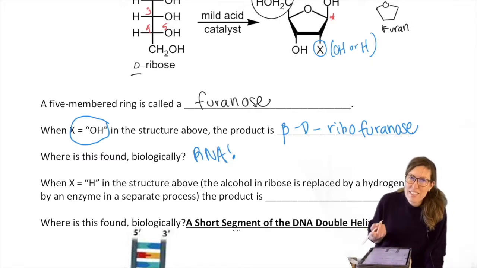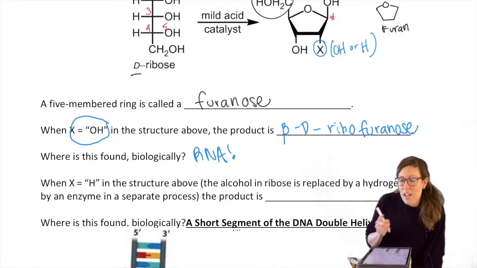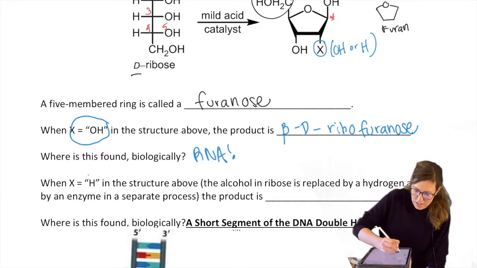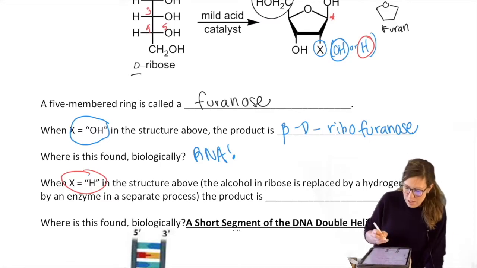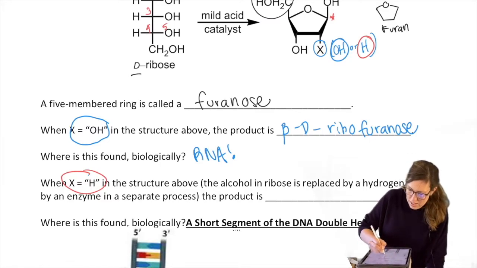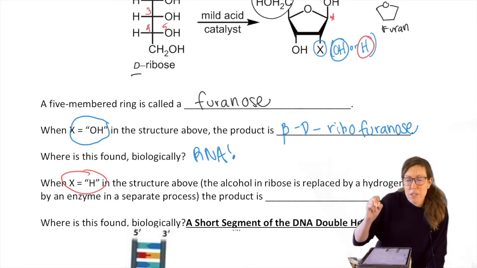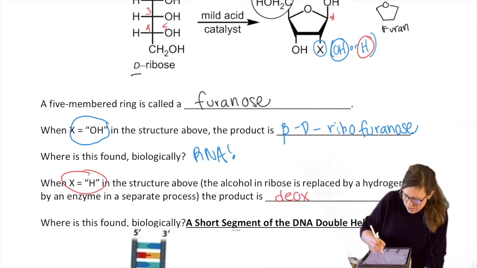So you can guess its counterpart when X is not OH, when X is H. So let's do that, and I'll do one in red. When X is H, our name is going to be almost the same, beta. Actually, it has another descriptor, it goes in front. Deoxy, because the OH is gone, the H has taken its place. So deoxy, beta, D, then the rest is the same.